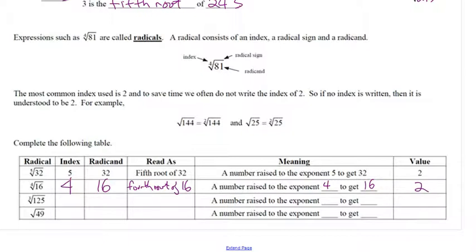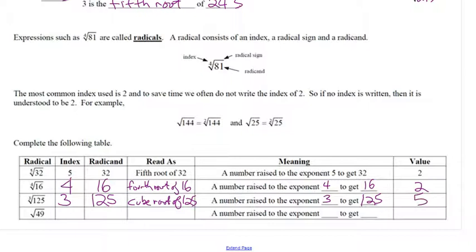2. Okay, next one, the index is, radicand, read as the, it's a number raised to the exponent 3 to get, and that number is 5.